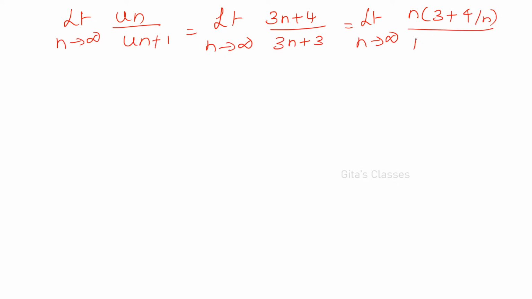In the denominator also n into 3 plus 3 by n. This n and n will get cancelled. As n tends to infinity, 4 by n will become 0. 3 by n will also become 0. Therefore, which is equal to 3 by 3, which is 1. Only one condition we got. Ratio test, if you get that limit as 1, what is that conclusion? Test fails. When you get L is equal to 1, the test fails.